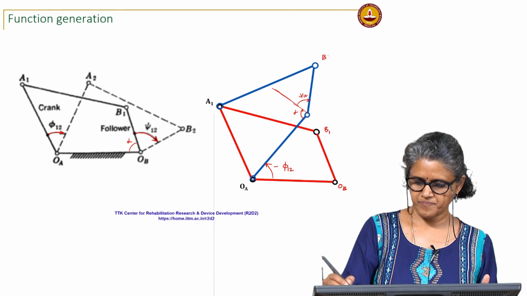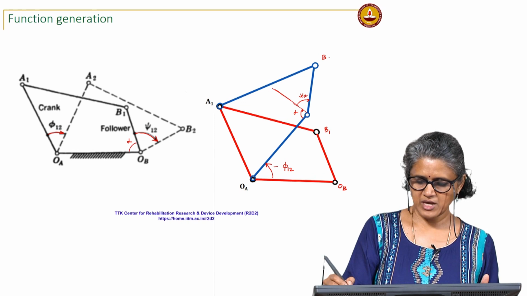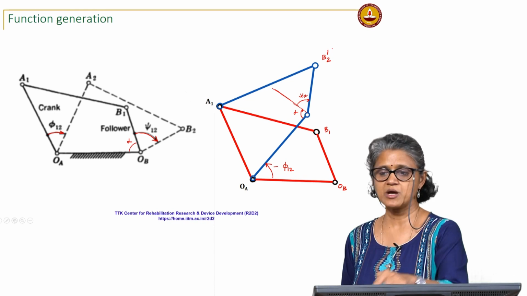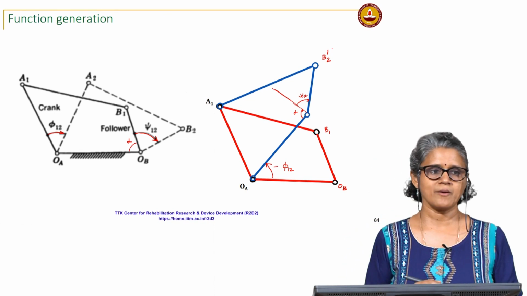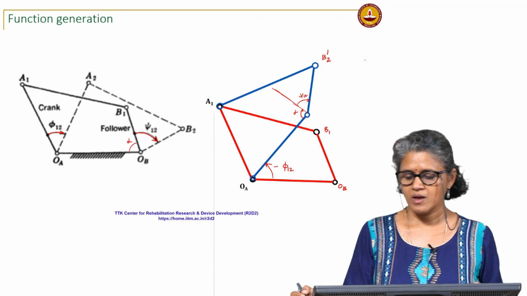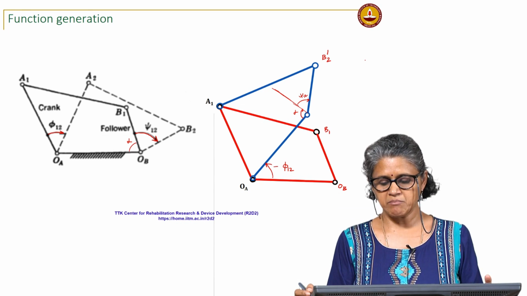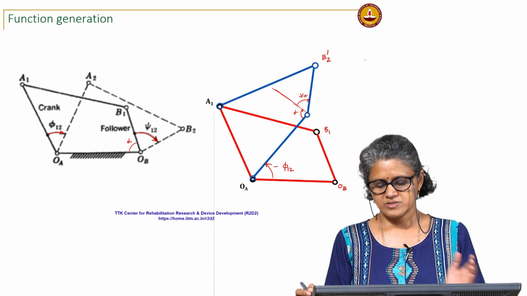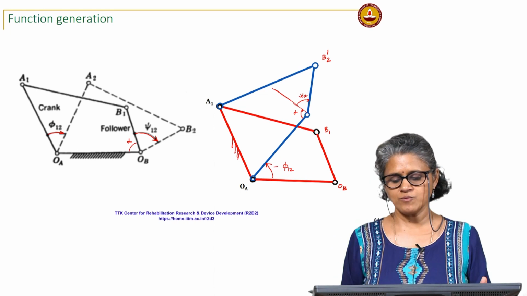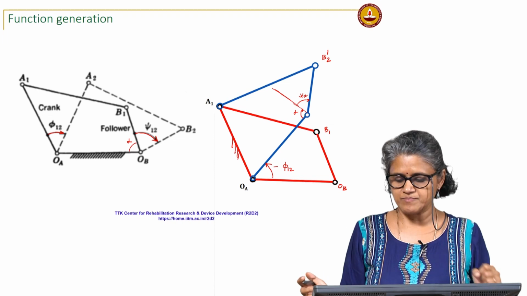This would be where B 2 would be if I observed it from OA A 1. So, I call this B 2 dash. What does this tell me? I am sitting on this, my fixed link now. I am just looking at this and then we will do the construction.